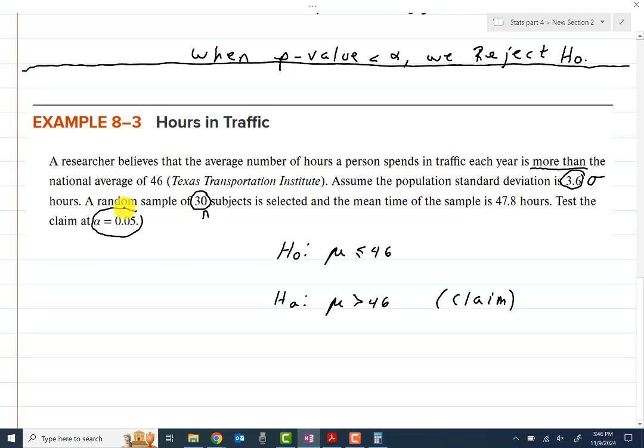And the mean time in the sample was 47.8, so I'll put x bar for that. Also, this arrow does indicate which part of the graph is shaded. Since this is pointing to the right, this is often called a right-tailed test.